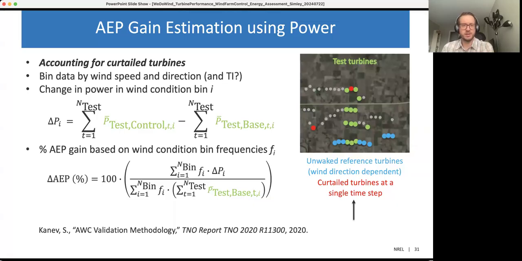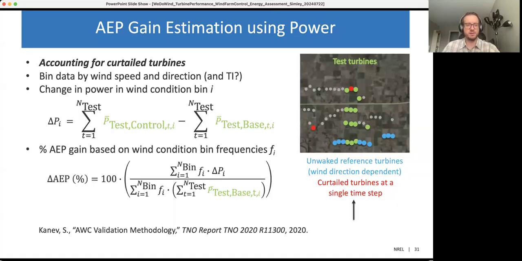But this TNO method suggests a way where we don't have to remove time steps where a subset of the turbines are operating abnormally, because we're not going to take the average power of all of our test turbines at each time step.